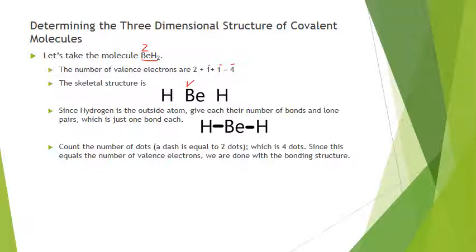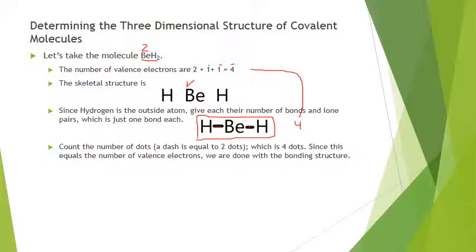Hydrogen always gets 1 bond. Then you count up the number of dots, with 2 dots per dash, so there are 4 dots. If the number of dots equals the number of valence electrons, you have the right structure. So this is the bonding structure for BeH2.